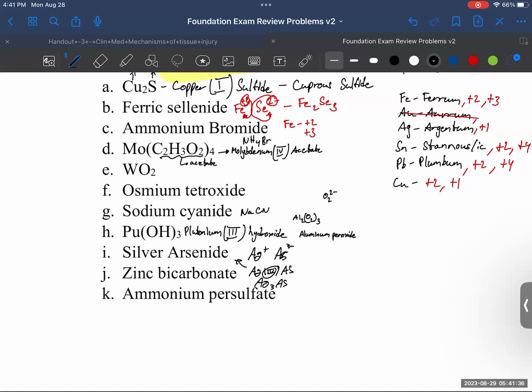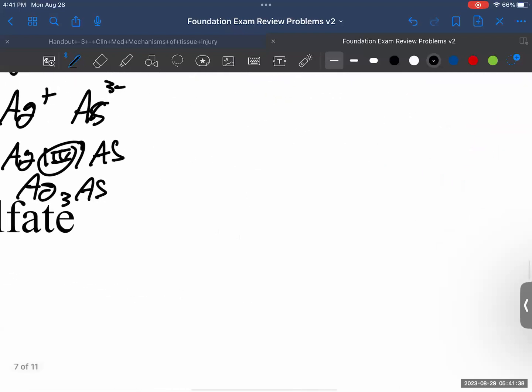This is bicarbonate, so let me teach you a derivation. Carbonate is CO3 2 minus. But since it's a bicarbonate, you add a hydrogen, and if you add a hydrogen, you decrease the charge. So instead of CO3 2 minus, it's HCO3 minus.